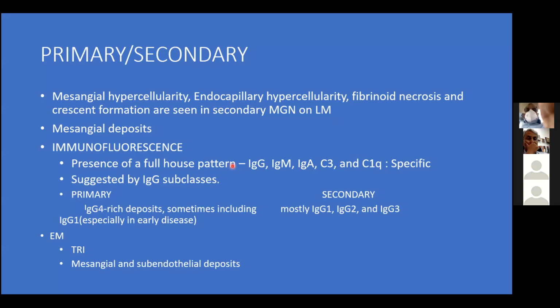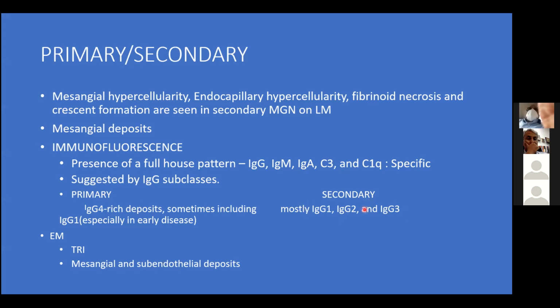IgG subclassing, IgG subtyping, also helps in differentiating primary and secondary membranous nephropathy. In primary, IgG4 is dominant; in early disease, IgG1 can also be there. But in secondary, subtyping reveals an admixture of IgG1, G2, and G3.